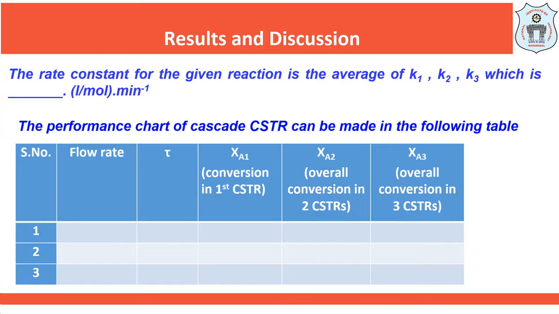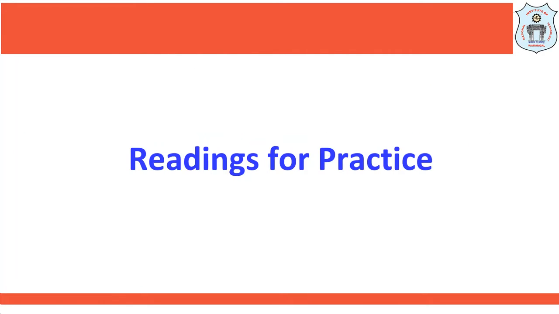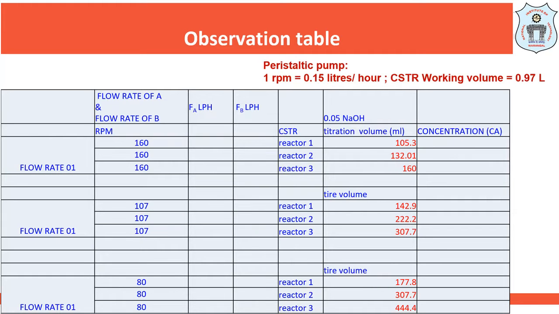Okay, next moving on to the readings for practice. We have given you a table where we have given the volume flow rate of A and B. Both are kept at 160 rpm. So that is the first rpm, and then from the titration value you will be able to calculate the concentration value. Okay, then you will make a calculation table where you will calculate up to the XA value and then the K value also.